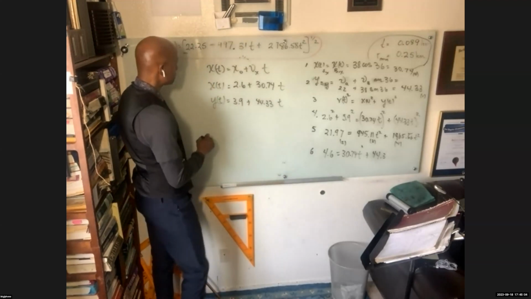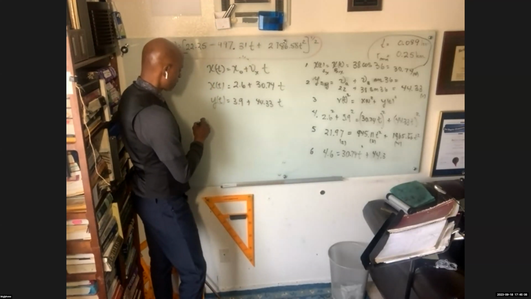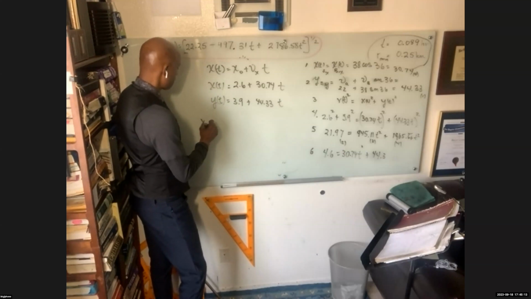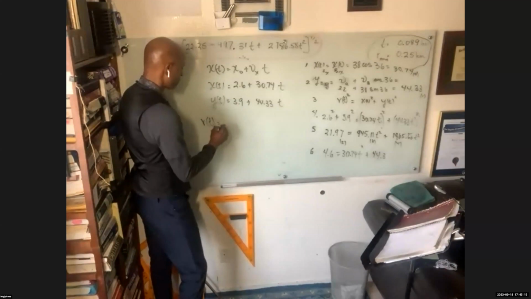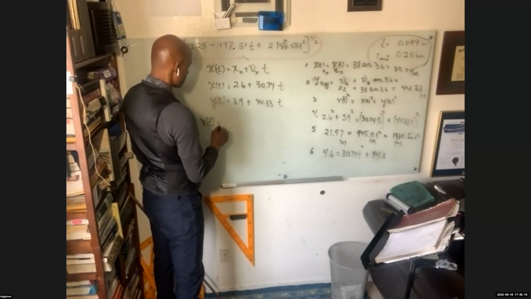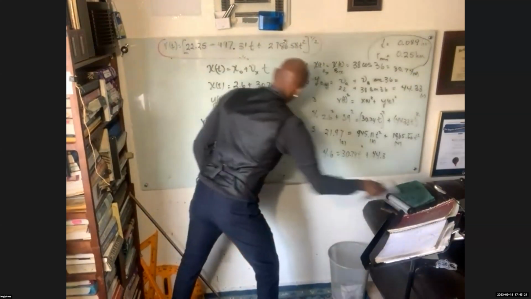So then R of t, that's where this equation came from.